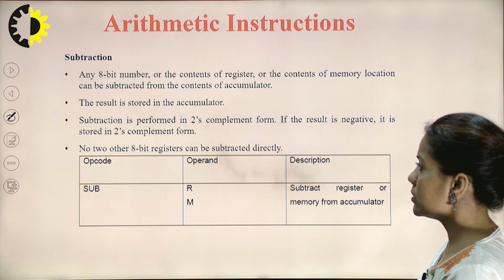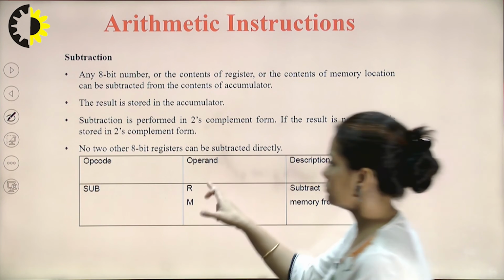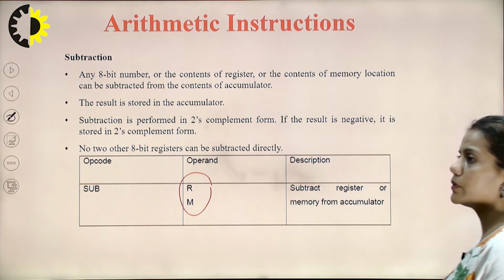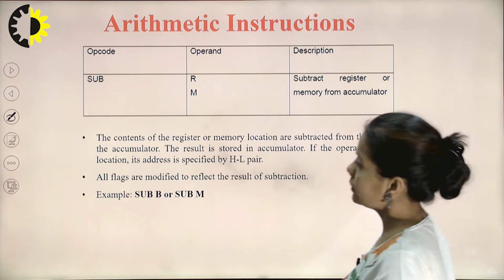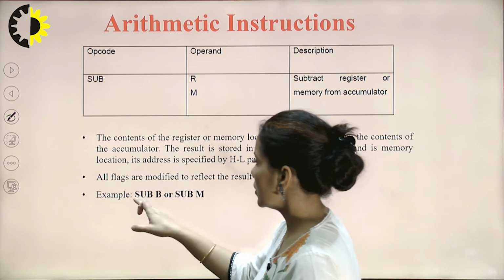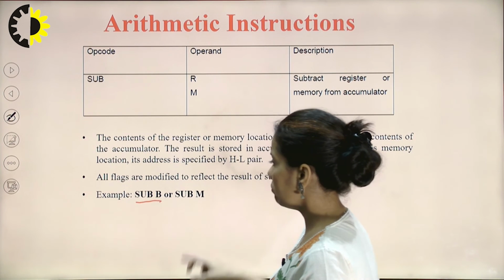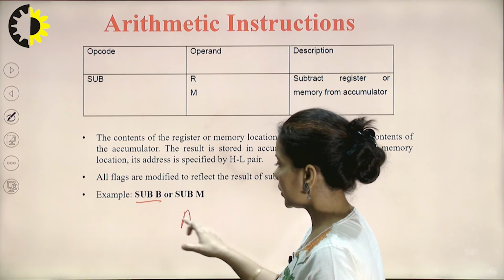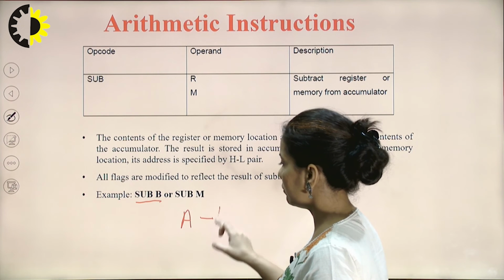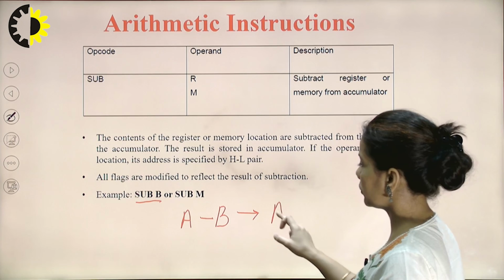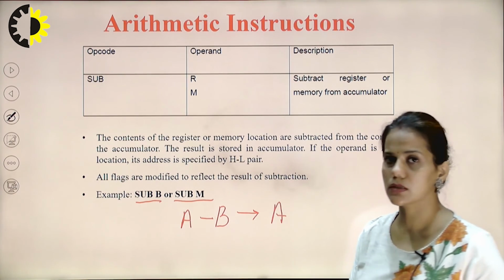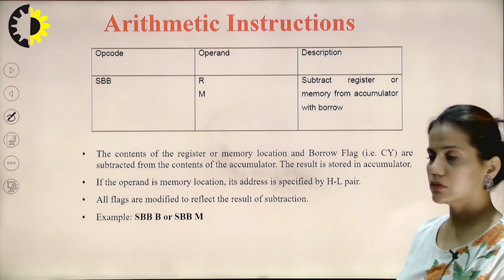Now the subtraction. In subtraction, whatever operand is present here will be subtracted from the accumulator. SUB B means the contents of B will be subtracted from the accumulator and the result will go into the accumulator, and similar is the case with the indirect addressing mode.